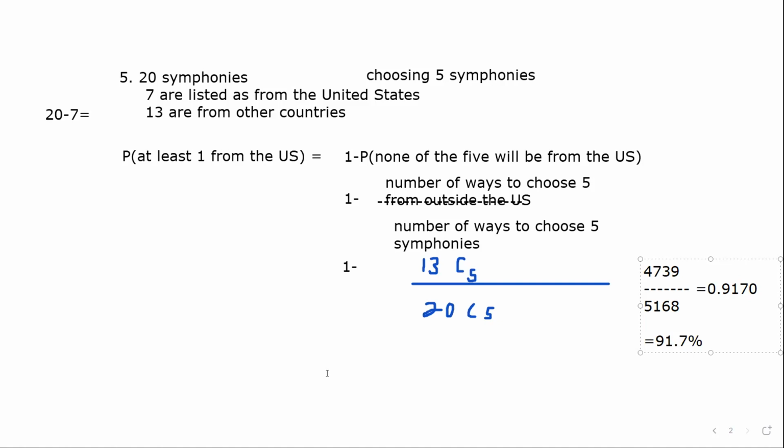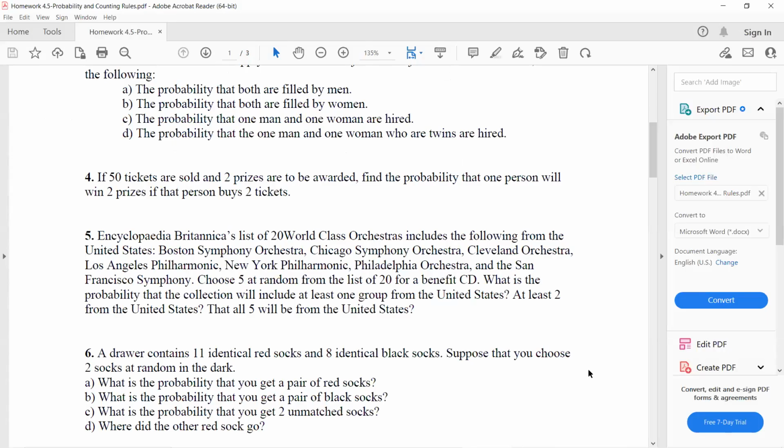Now let's go to the next part of this question. Let's go back to here. What is the probability that the collection will include at least 2 from the United States? Now this is a little bit harder because we don't have a shortcut for at least 2, okay?